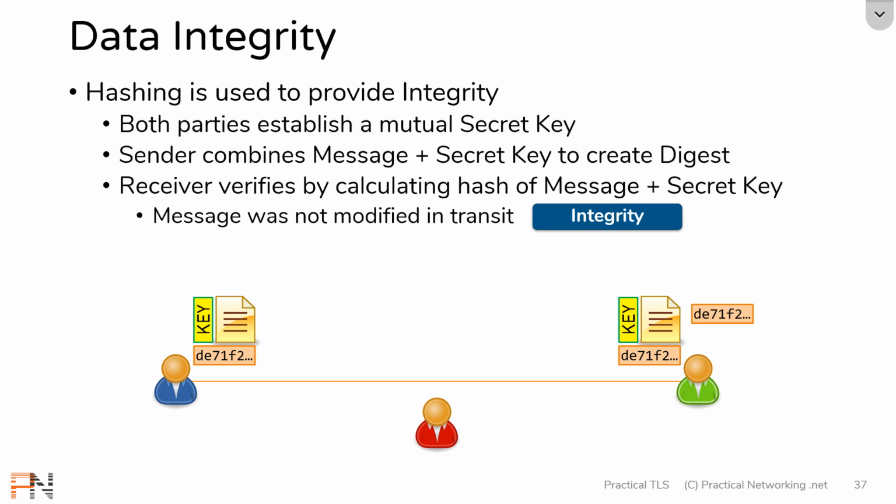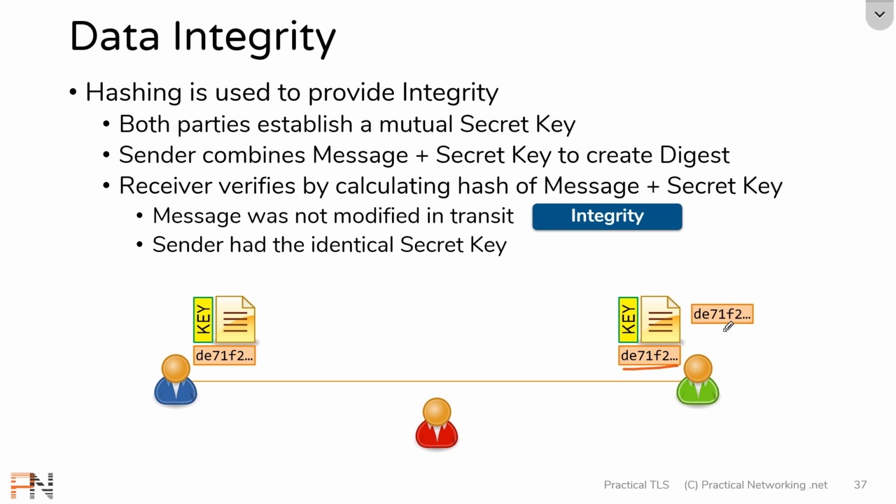The second thing that is proved by doing integrity in this way is that the sender must have had the identical secret key. This digest was created by combining this message with this key. The only person that could have also created that digest must have had that key.